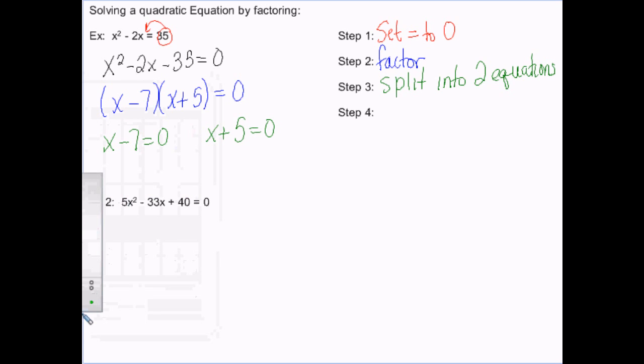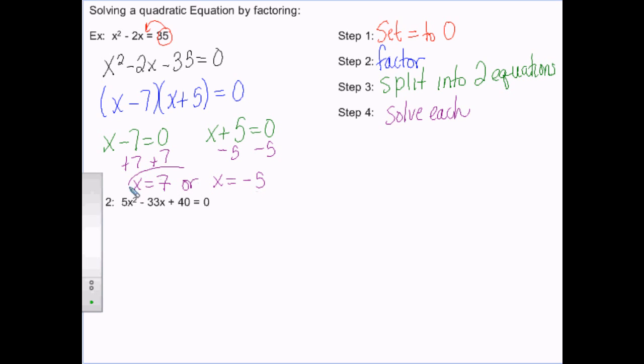And then step 4 is solve each. So if this is x minus 7, I'm going to add 7. I'm going to get x equals 7. Subtract 5, and I get x equals negative 5. I put an or in between them because it's one or the other. And there's my answers.